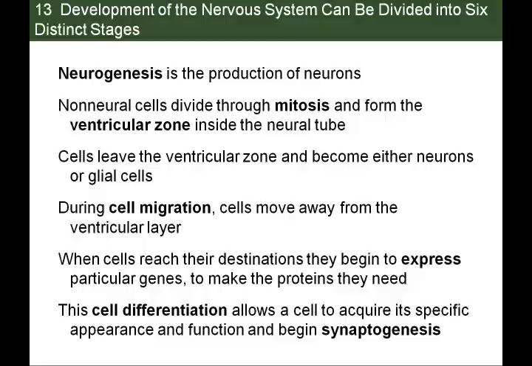Now, how does it know whether it should be a neuron or a glia, or where it should go? It's because it has its own genetic program that makes it produce certain proteins that will make it grow dendrites or axons. Then it becomes differentiated and begins to make synapses.